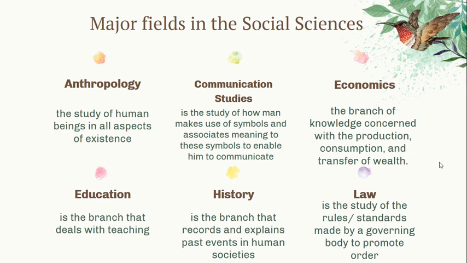Next, history. It is the branch that records and explains past events in human societies. So, si history, siya lang ang nagre-record kung ano ba yung nangyari. Pero, si anthropology, pinag-aaralan niya kung bakit nangyari or kung paano nangyari. Okay? And we also have law. Law is the study of the rules, standards made by a governing body to promote order.